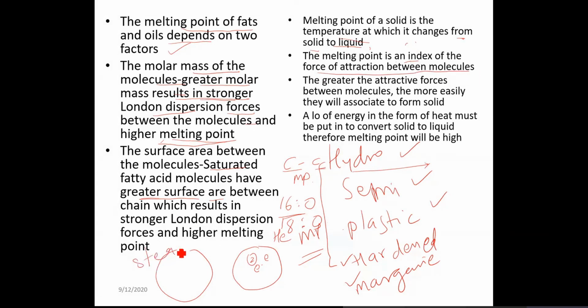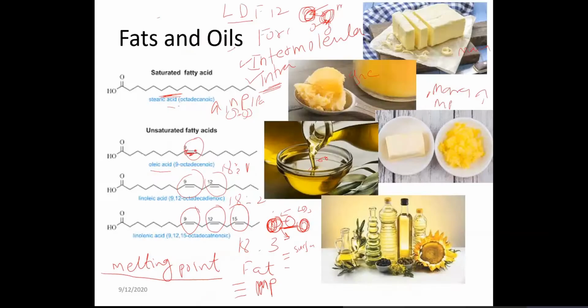For example, stearic acid. This is your stearic acid: a straight chain, no double bond, no molecules separated. So this molecule is very, very compact.